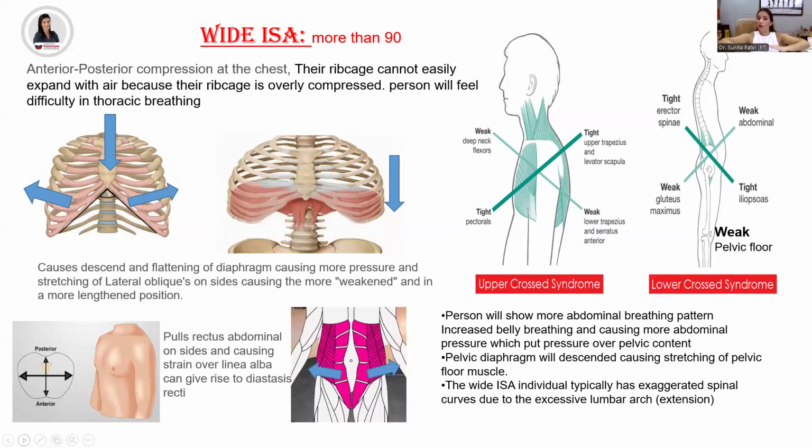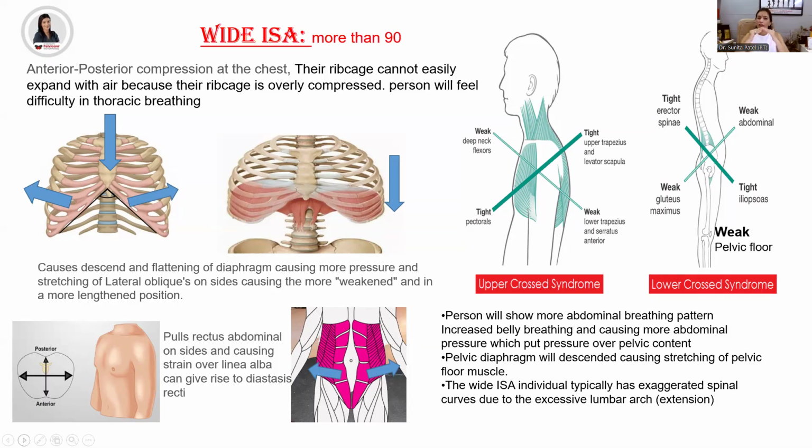So more downward pressure means more pressure of this thoracic area over the abdomen. It is going to create downward pressure over the abdominal content. So all the abdominal organs will always be descending down due to this pressure which is falling on them from the diaphragm.